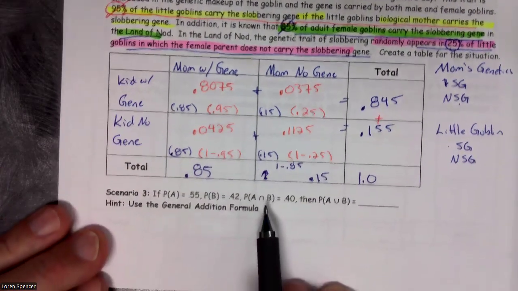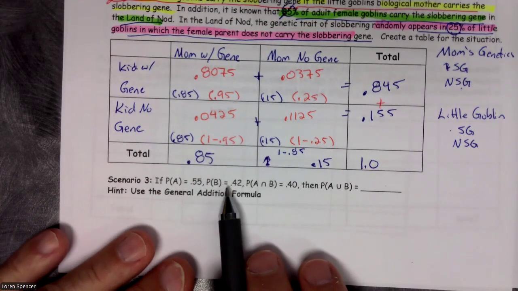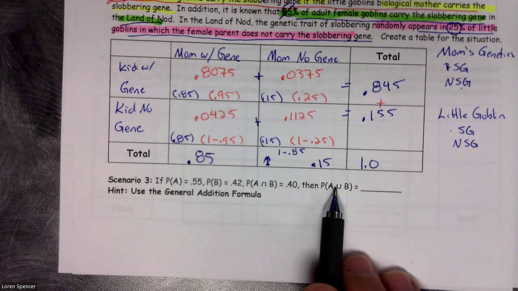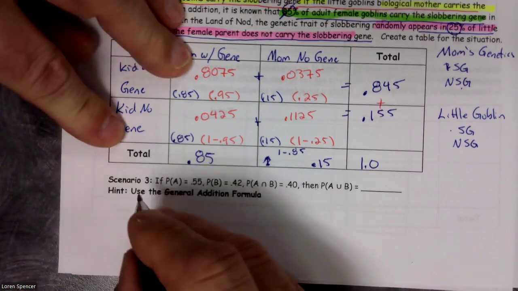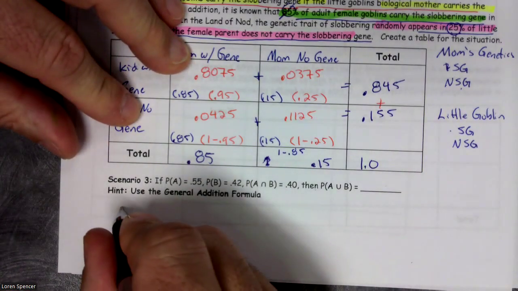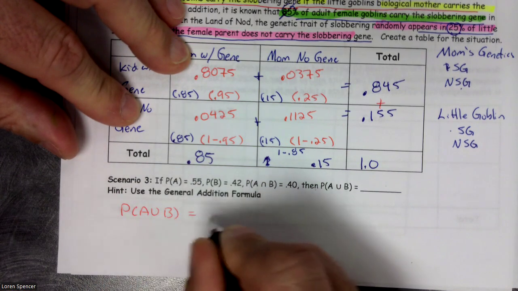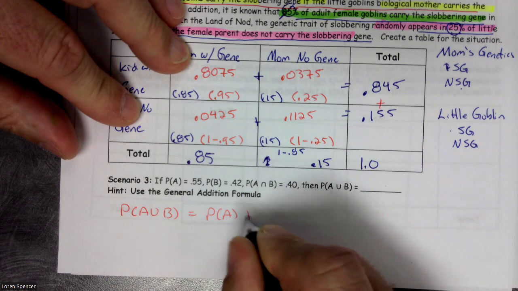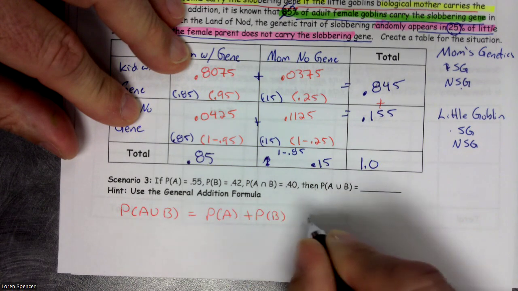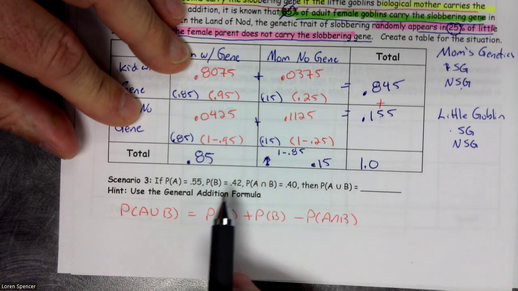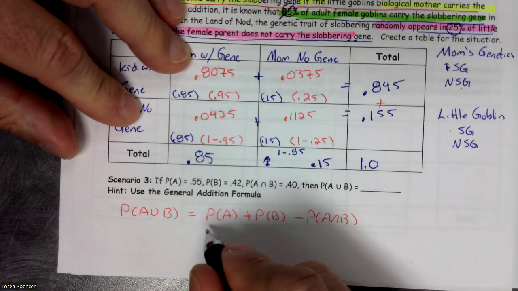Looks pretty good. We got one more problem. If probability of A is 0.55, probability of B is 0.42, and A intersects with B is 0.40, then what is A union B? So I need to use the general addition formula. And the general addition formula is essentially probability of A union B equals the probability of A plus the probability of B minus the probability of A and B. Well, in this case, the probability of A, they tell us, is 0.55.